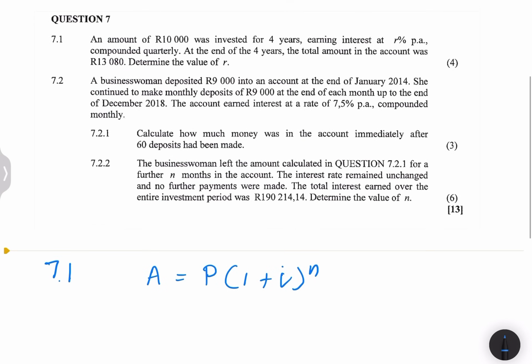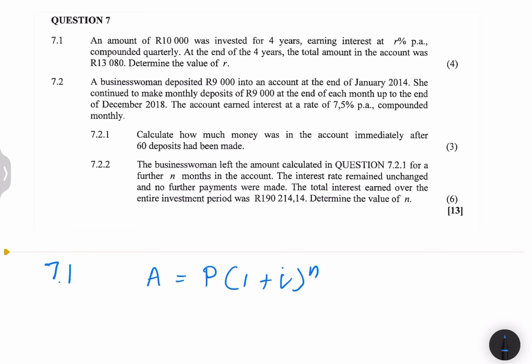Now, what they told us rather is that the amount accumulated to an amount of 13,080. So we know that our accumulated amount is 13,080. Our principal amount in this case was 10,000. Okay, and we know that we are now compounding quarterly.